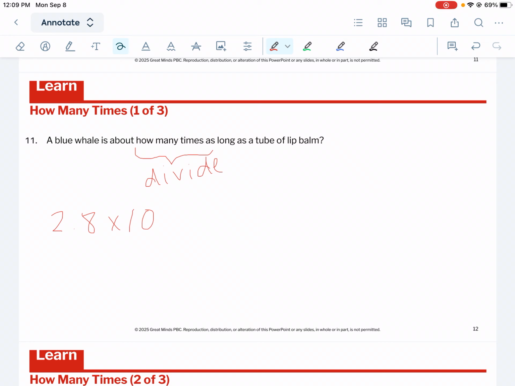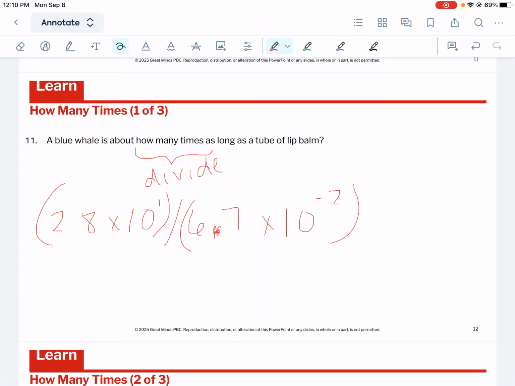If it bothers you that it doesn't have an exponent over it, just write a 1. It means the same thing. And the measurement of a tube of lip balm, that's what we're dividing by, is 6.7 times 10 to the negative 2. If this looks like a lot of numbers for you, just put it in parentheses to help you break it up.